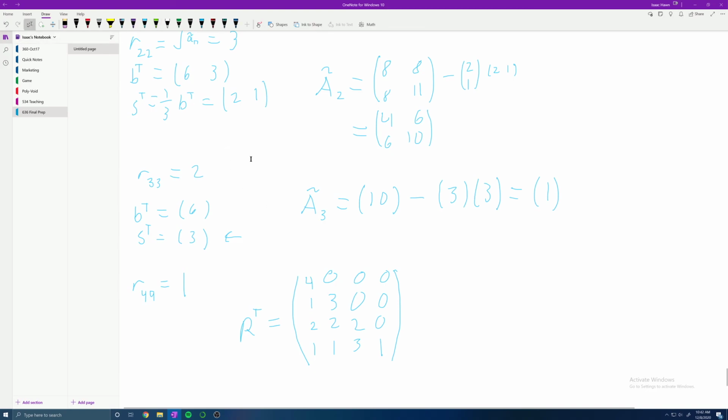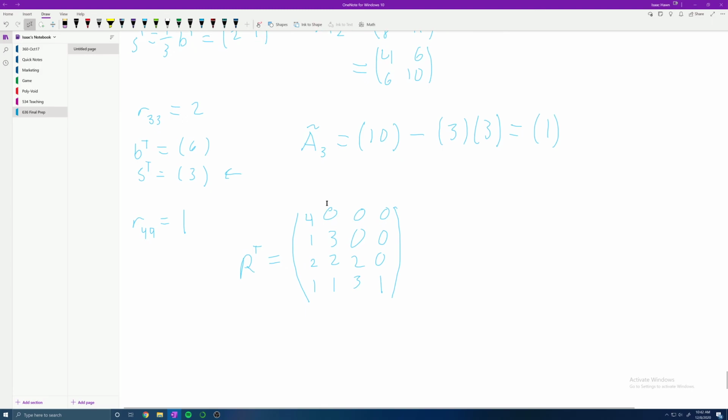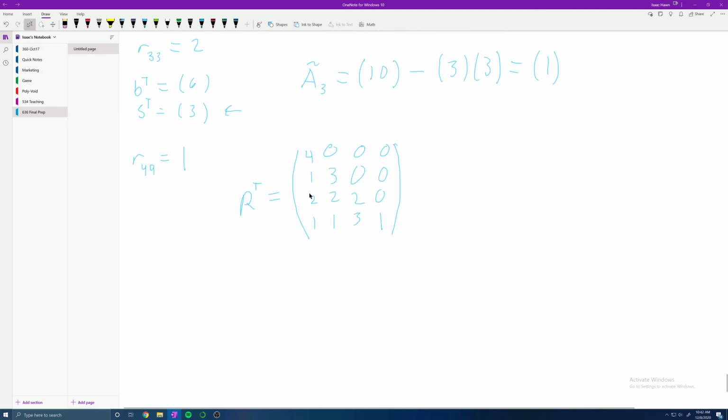Okay, now this is our R transpose, which means that if we took the transpose of this, we would get A and multiplied it by this. So A would be 4, 0, 0, 0, 1, 3, 0, 0, 2, 2, 2, 0, 1, 1, 3, 1. It's kind of a crooked matrix.